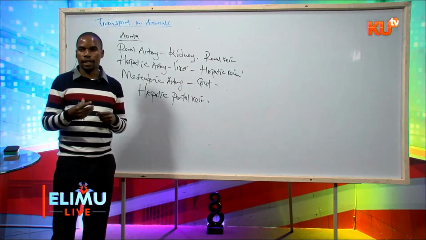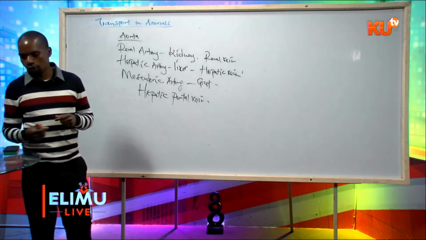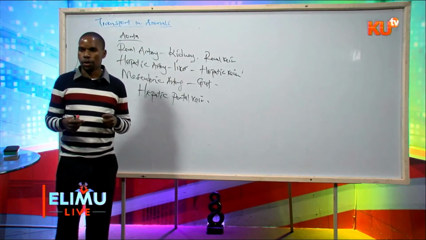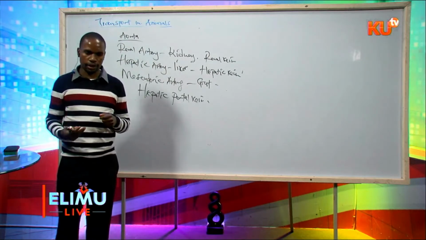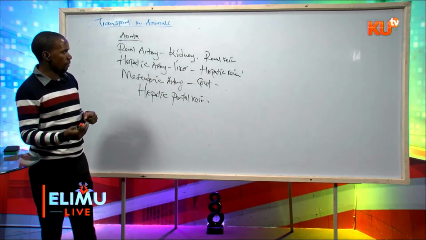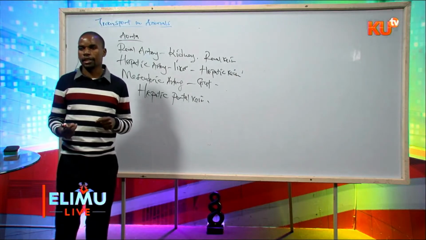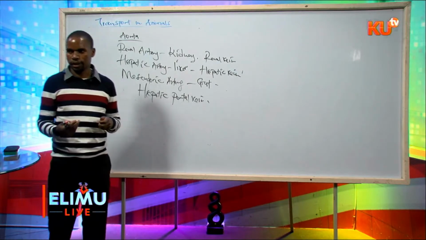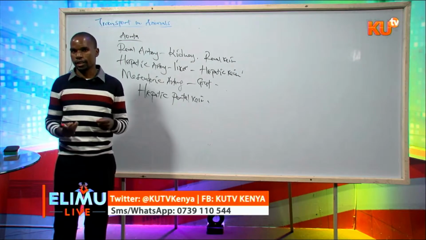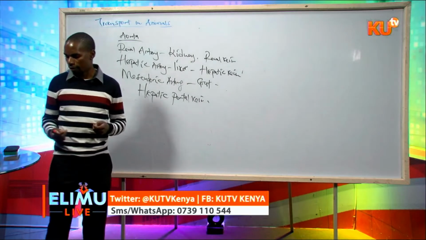Hemoglobin is easily dissociated, but carboxyhemoglobin is a compound that is not easily dissociated, which means that when carboxyhemoglobin by bad luck enters your vessels, it is going to deprive your organs of oxygen because it is not easily dissociated. So that may lead to death. So I think I've answered that question.